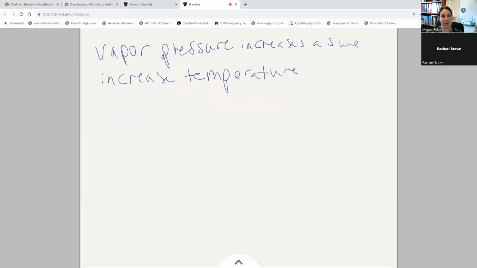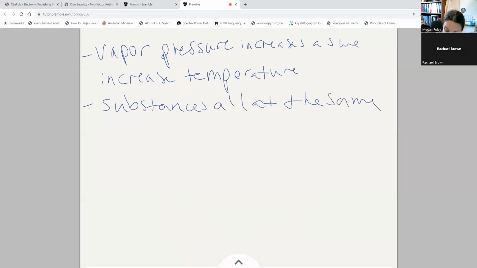And then if we think about substances that are all at the same temperature, they will not have the same vapor pressure.